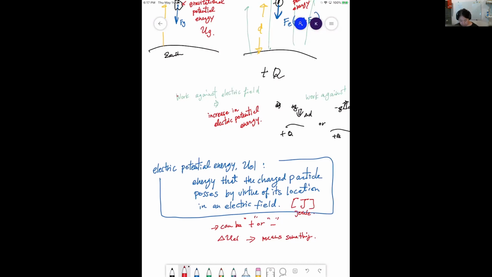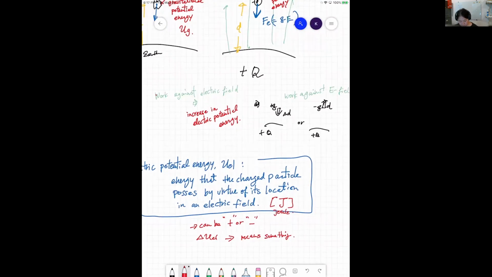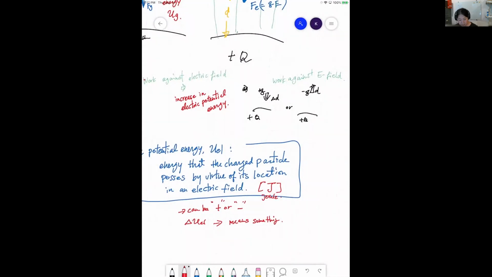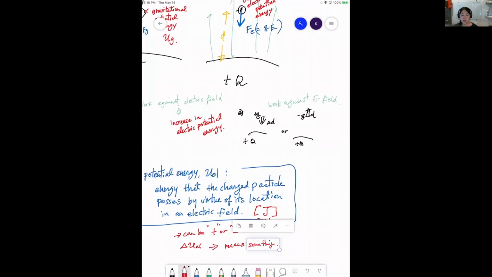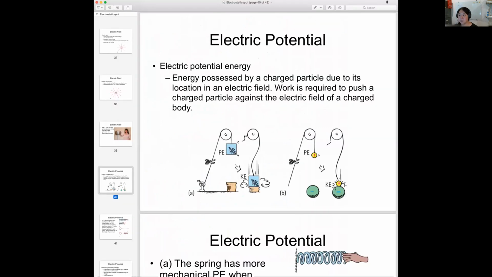So that's it. That's the electric potential energy. I can show you the graph here, the slide. So you see, this is electric potential energy, right?